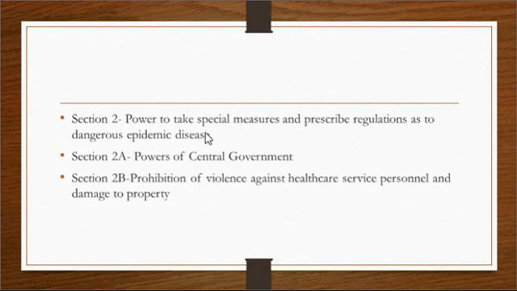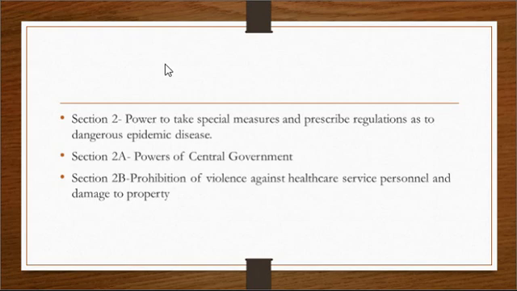In fact, in the previous act, if the central government is satisfied that any ship or vessel that is leaving any port in India, or arriving at any port of India, could cause an outbreak of any dangerous epidemic disease, then the central government has the power to detain that ship or vessel.